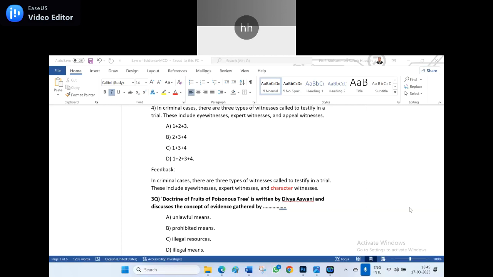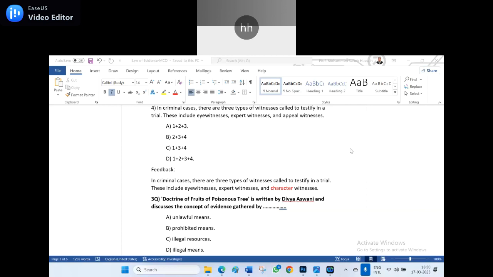Doctrine of Fruits of Poisonous Tree is written by Divya Ashwini and discusses the concept of the evidence gathered by illegal means. Did you hear any time doctrine of fruits of? Sir, the voice is not clearly audible. Yes, there is something, but definitely the recorded voice you will hear it.